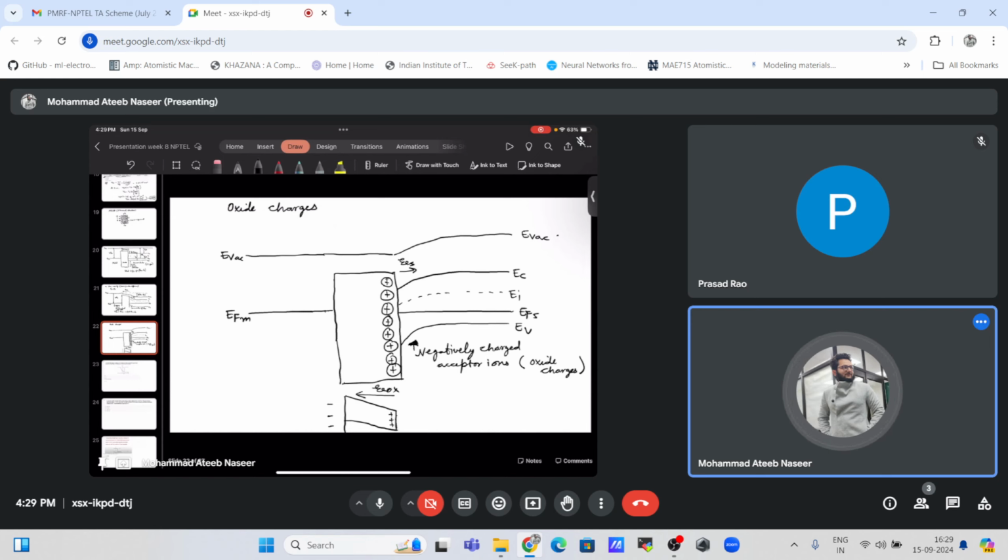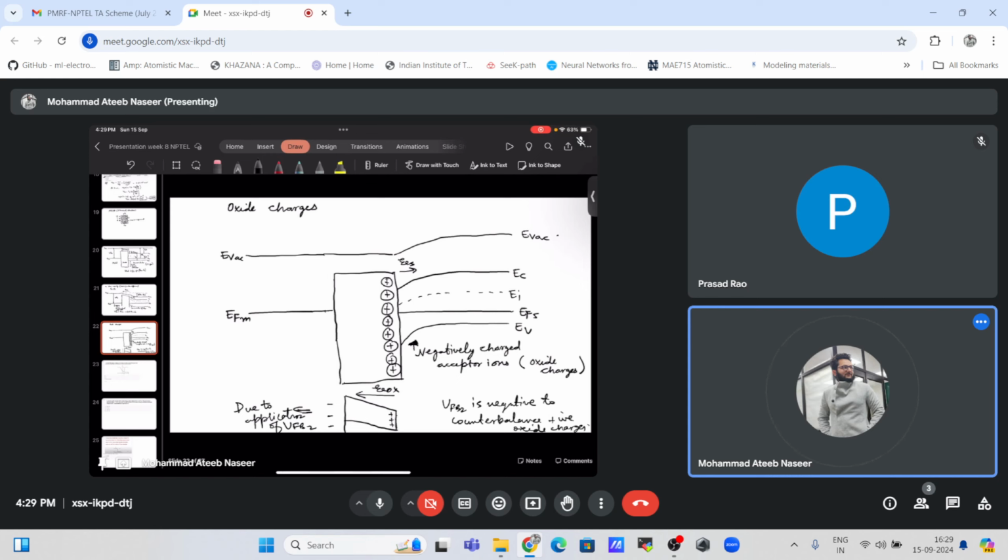So this will be due to the application of VFB2, and this VFB2 is negative to counterbalance the positive oxide charges.